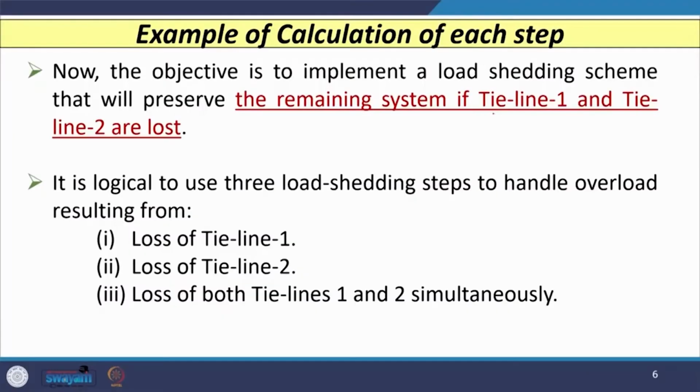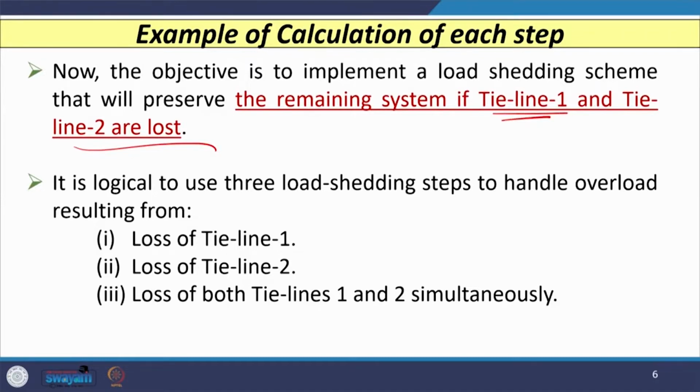So, our objective is to implement the load shedding scheme that will preserve the remaining system, that means the remaining loads or the remaining feeders connected to bus C, when tie line 1 or tie line 2 are lost.